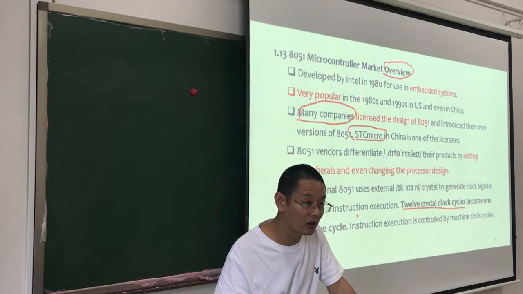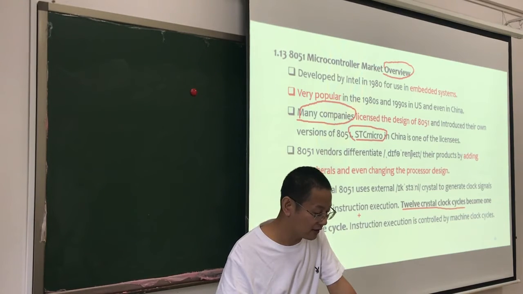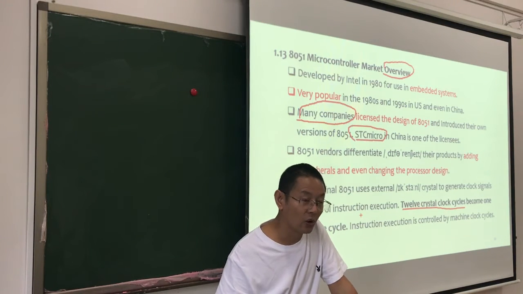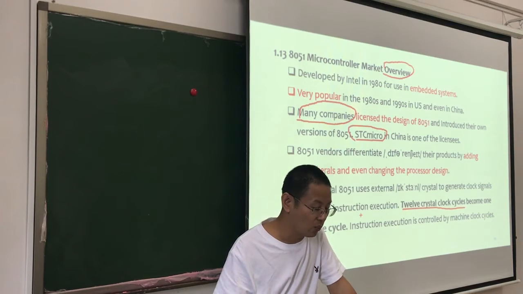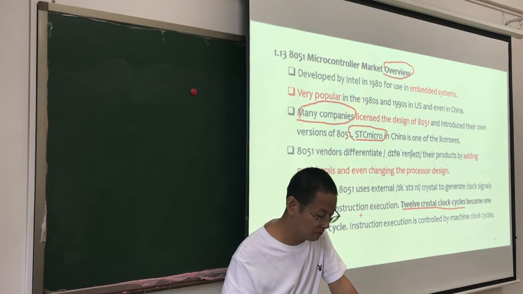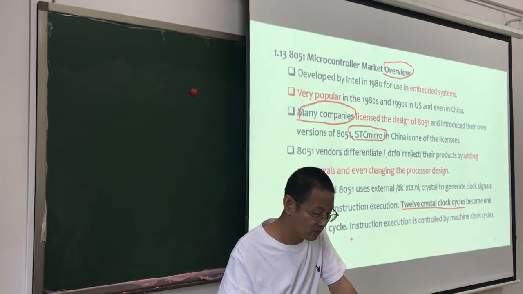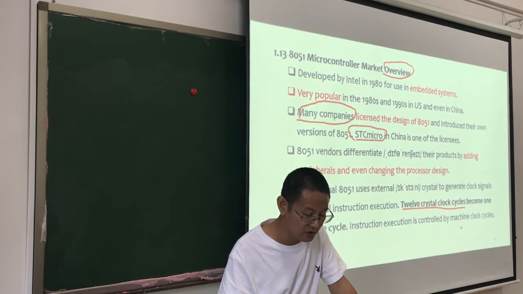The original microcontroller takes 12 crystal clock cycles per machine cycle, but the newer 8051 uses one clock cycle as one machine cycle. Instruction execution is controlled by the machine clock cycle.